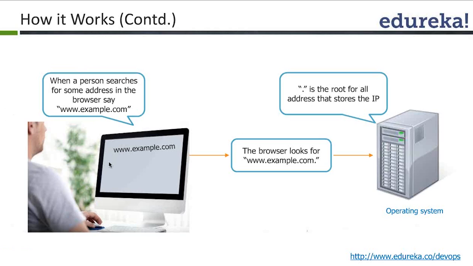The DMZ is the set of area where servers that you want to expose to the external world are maintained. For those servers, we need to create a mapping of name to IP somewhere, and that is taken care of by what we call a public DNS.